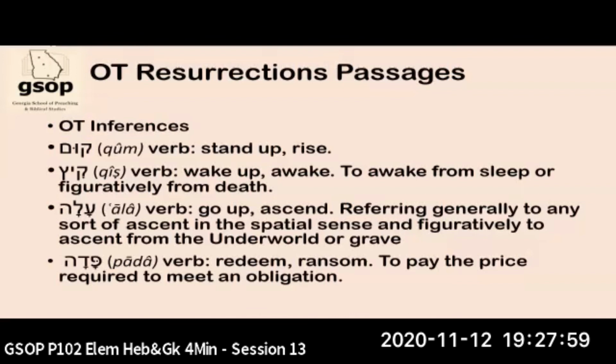And then you have the word keets, which is awakening from a natural sleep. We understand that oftentimes, not always, sleep is a euphemism and refers to death. If you're going to wake from a euphemistic death, that's a resurrection. So metaphorically, it is figuratively awakening to life from death.